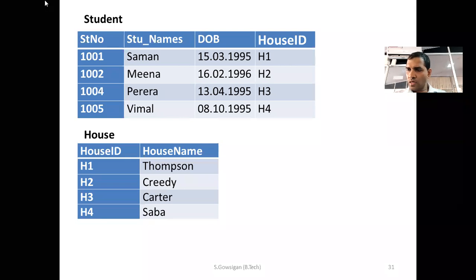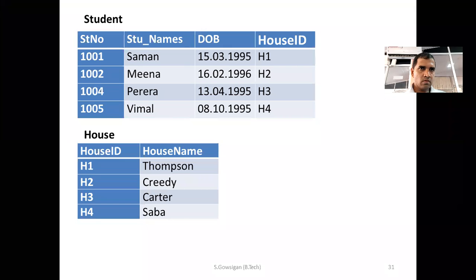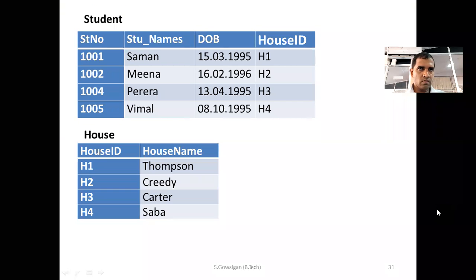Before that, I take another one. Can anyone tell me, can I have house ID in the student table as primary key?